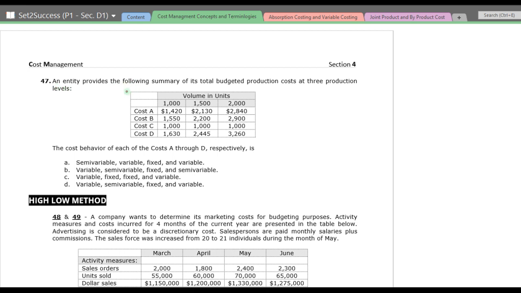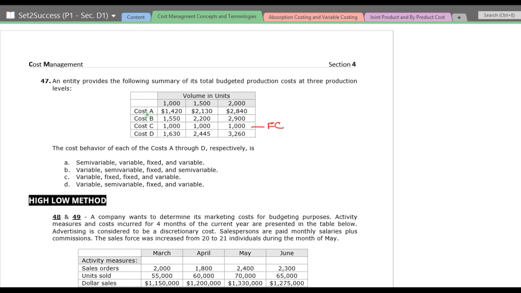An entity provides the following summary of the total budgeted production cost at three production levels. We have volume of units: 1,000, 1,500, 2,000. Costs A, B, C, D are given. What is the cost behavior for each of costs A to D respectively? So let us find out. Cost C is the fixed cost, because in total it remains the same. This is the behavior of fixed cost.